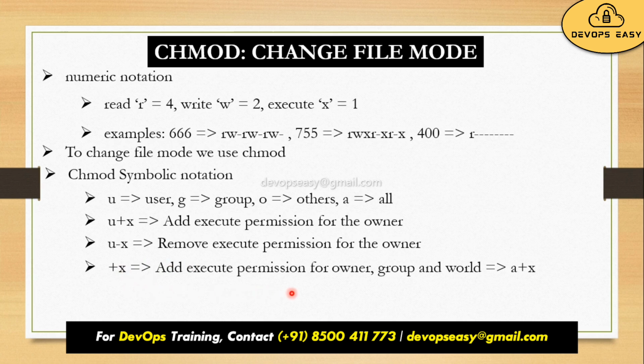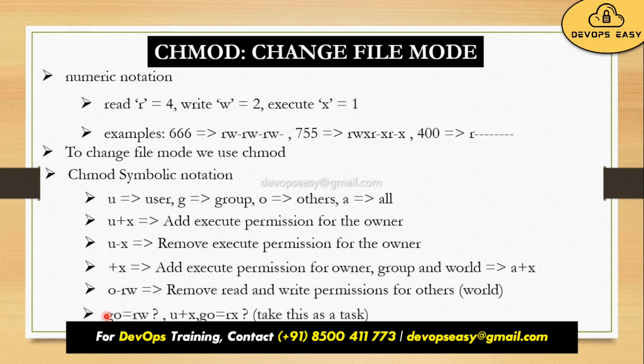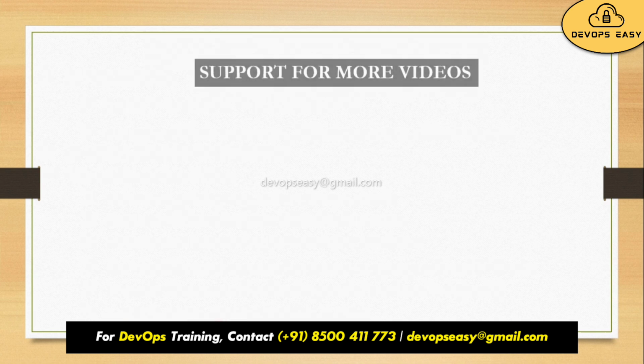Plus x will add execute permission for owner, group and world. o minus rw will remove read and write access for others. So what is g=rw? Take it as a task. u+x, go=rx. Take this as a task and try to find out what g=rw means, and u+x,g=rw.